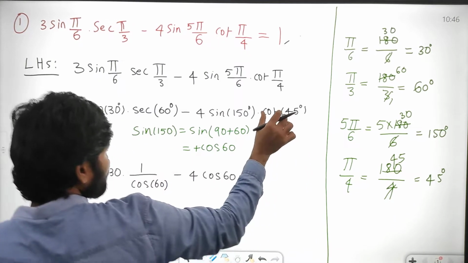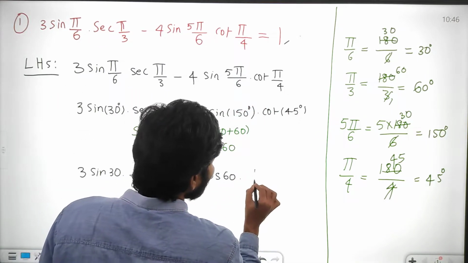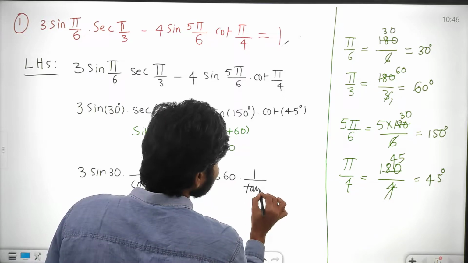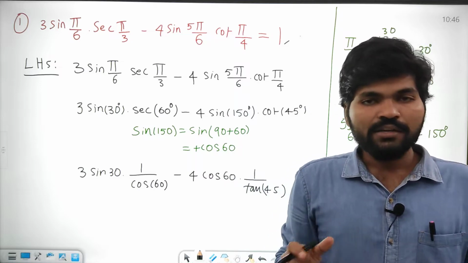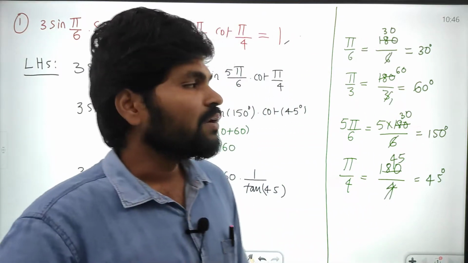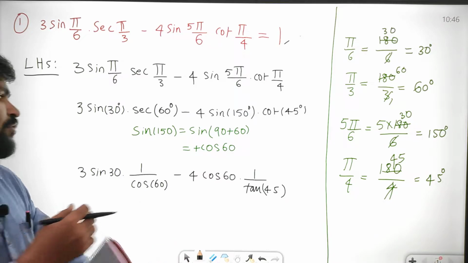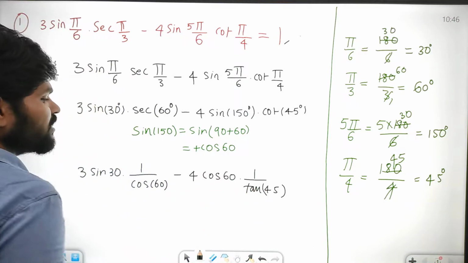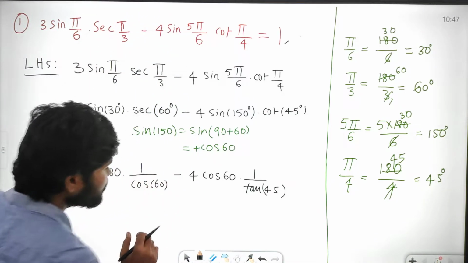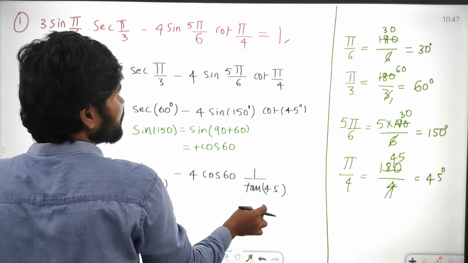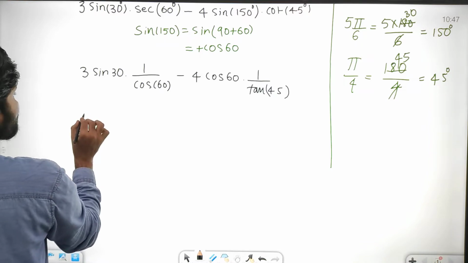Why am I converting this into cos, and writing cot as 1 by tan 45? Because it is enough to know the values of sine, cos, and tan. If you know those values, then we can transform everything into cos and tan every time. Now write the values.